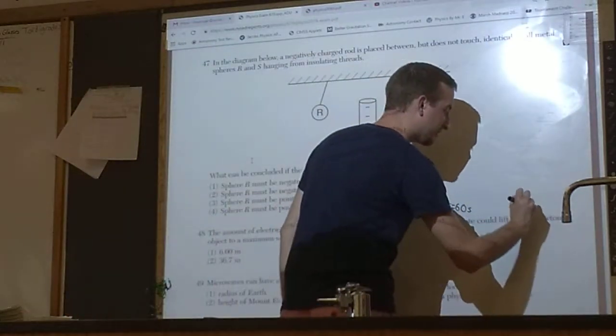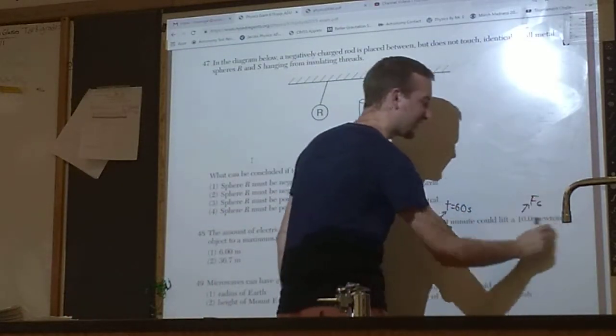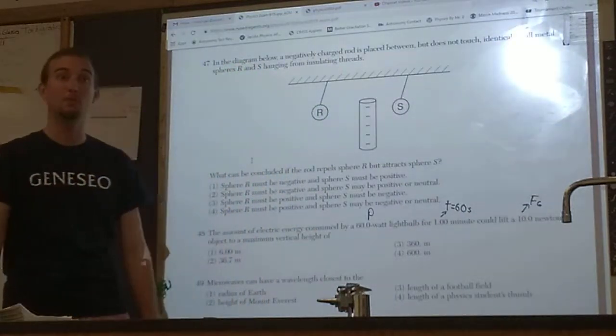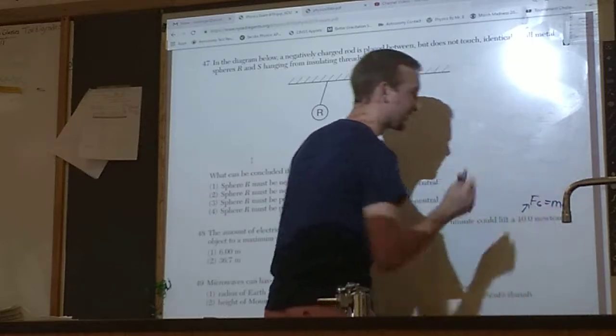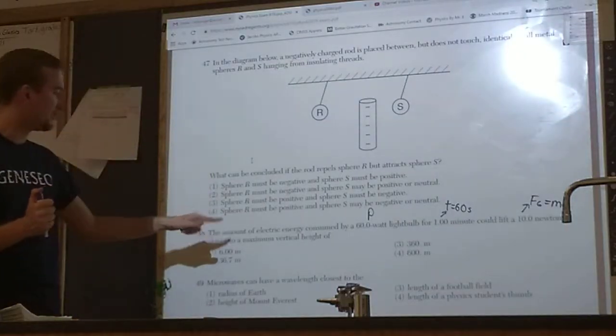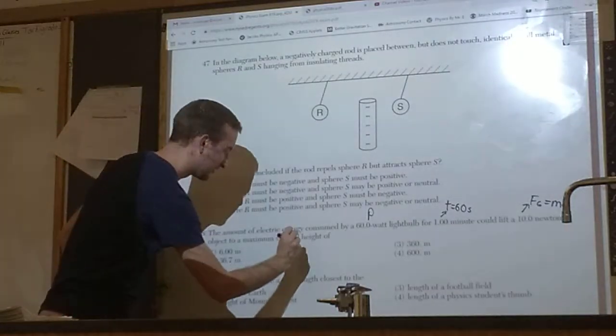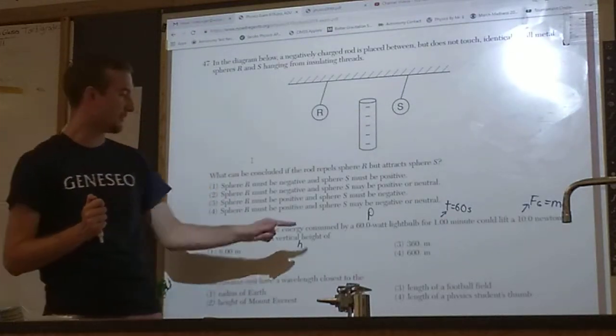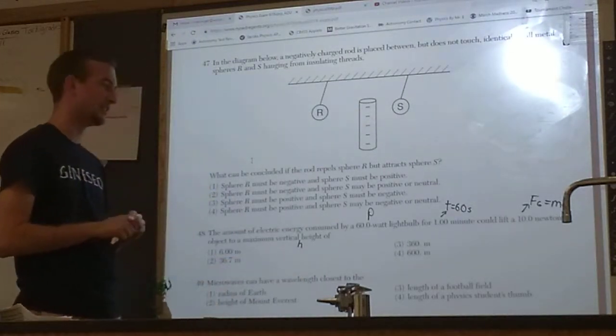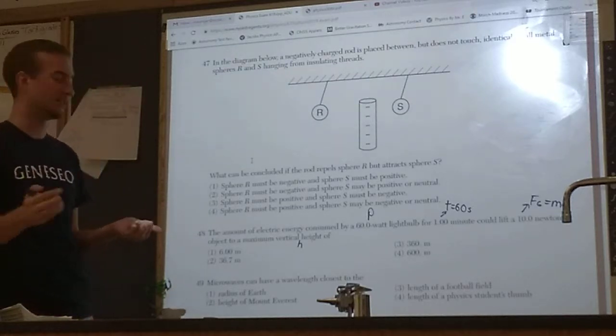Very similarly to before, if it says a 10 Newton object, it's telling you the weight, which means it's telling you the mass multiplied by g, the acceleration due to gravity. A 10 Newton object to a maximum height of what? We're looking for h. How high can this object be lifted in essentially 60 seconds?